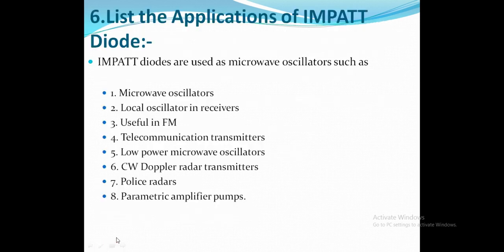And coming to the applications: microwave oscillators, local oscillator in receivers, useful in FM telecommunication transmitters, low power microwave oscillators, CW Doppler radar transmitters, police radars, parametric amplifier pumps. So in all these applications we use impact diodes.